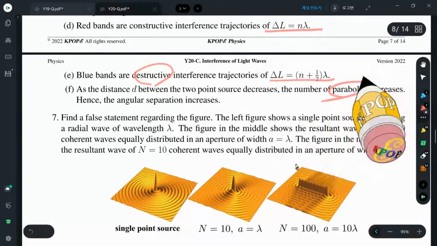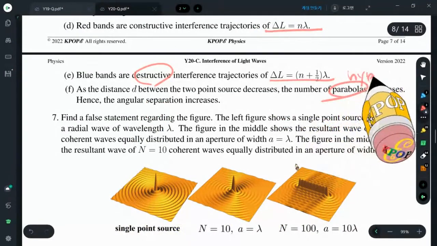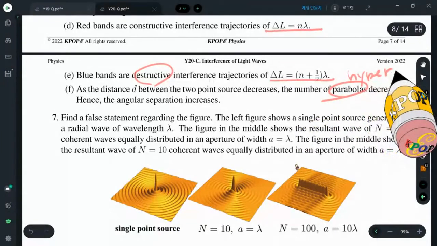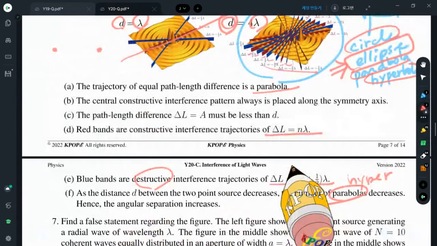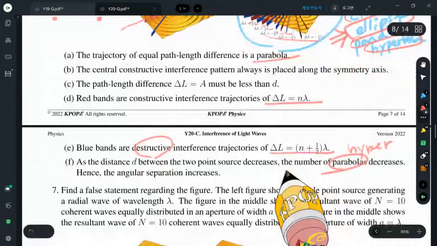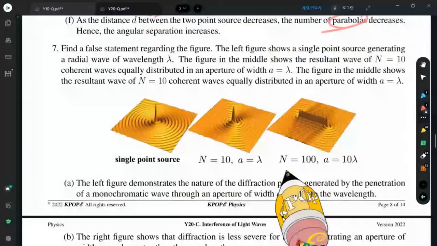Number of parabola, no, hyperbola. Seven.